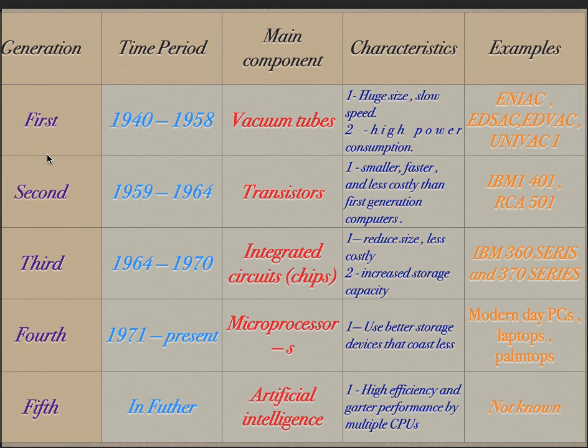In the generations, the first generation is vacuum tubes, and the time period when it was invented was 1940 to 1958. As I have said before, it is 1940. The main component is vacuum tubes. That is the first computer which they actually made.